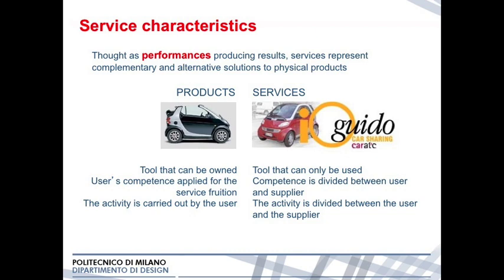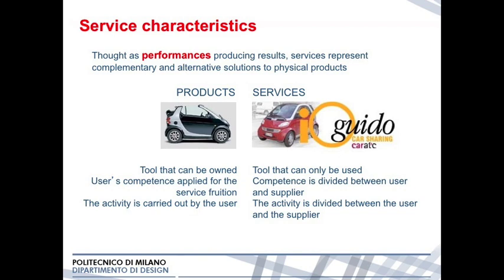Then service somehow can be understood as performances, no? So if we understand services as performances producing results, then somehow service can be represented as a complementary and alternative solution to physical products.